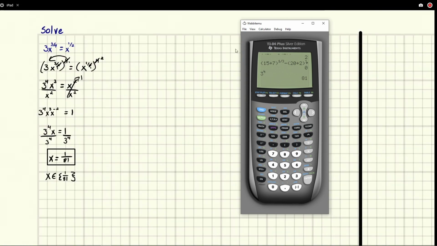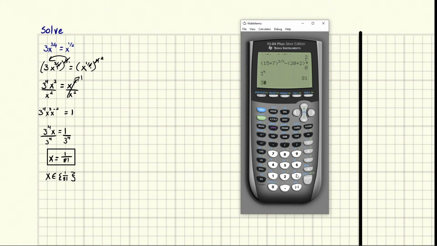Now we could check it. It doesn't take that long. We say 3 times 1 over 81 raised to the 3 divided by 4. In some calculators you have to put parentheses around this. What do we get? We get 0.111111. Now let's take the square root.